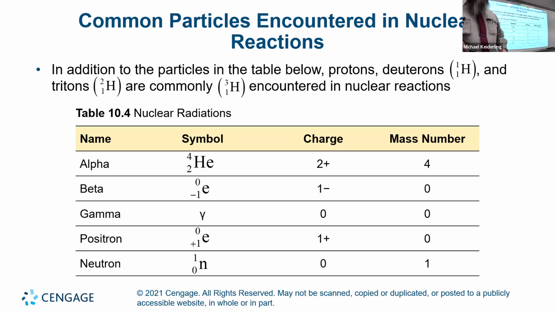And so these are common particles that occur, but you also sometimes get deuterons, protons. Oh, these are all off by 1. Oops, protons, deuterons, and tritons are often encountered in nuclear reactions.